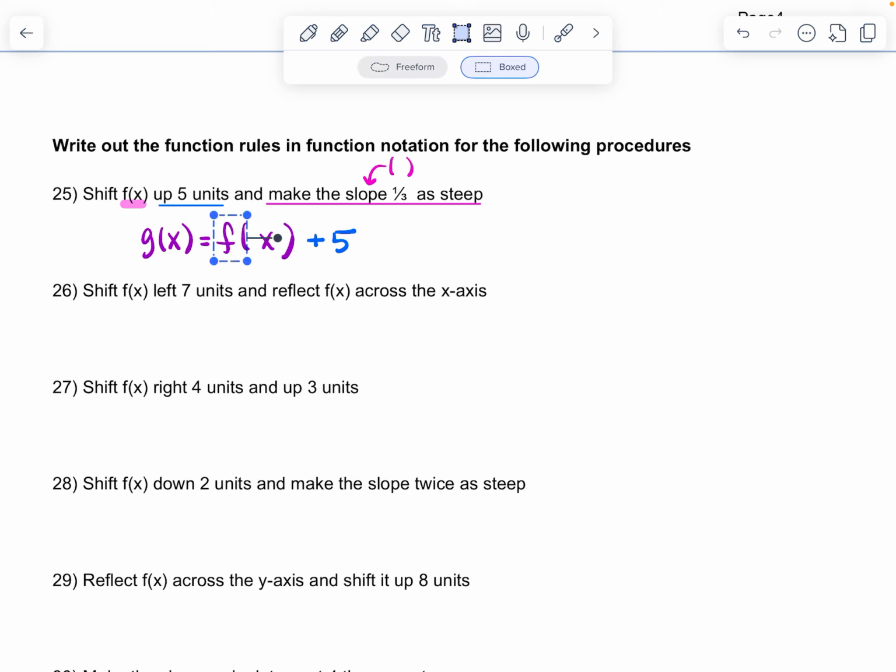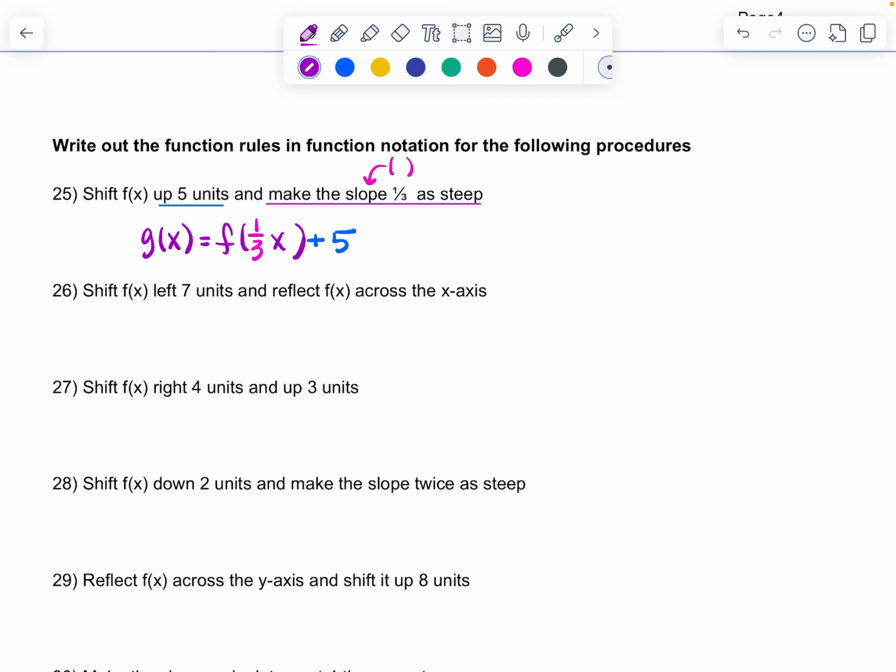So I'm going to scooch this over so I can get the 1/3 multiplier in there with the x. And voila, that is the transformation rule for those two events happening.